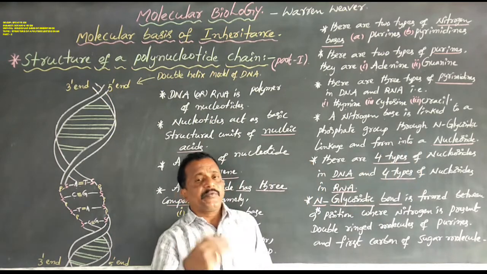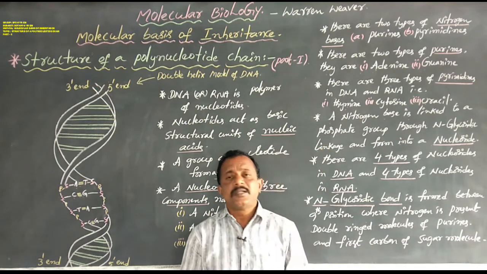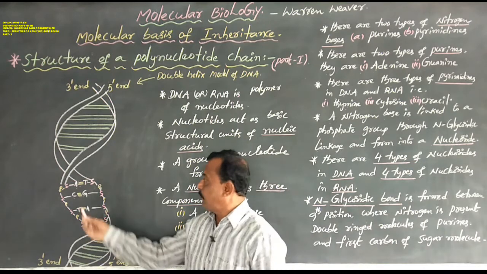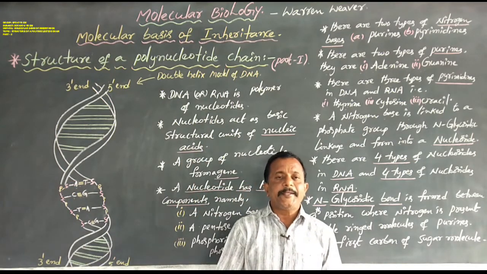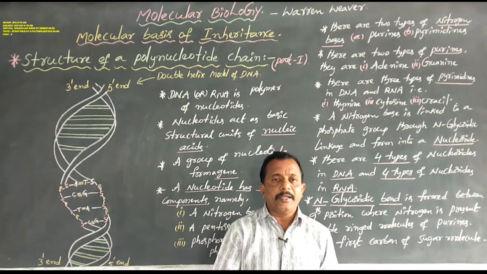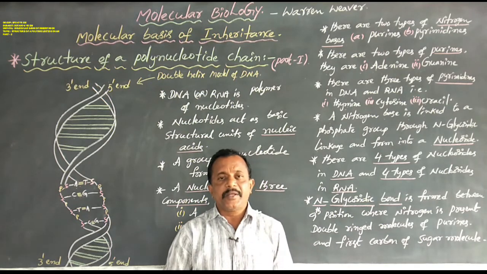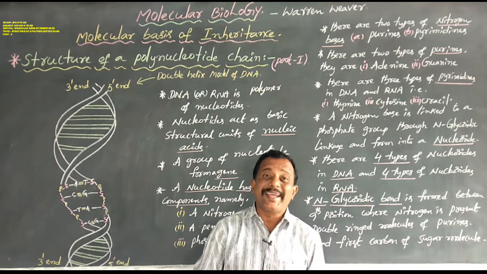So this type of N-glycosidic linkage forms a nucleoside. In DNA and RNA, mainly two forms appear. First one is nucleotide, second one is nucleoside.